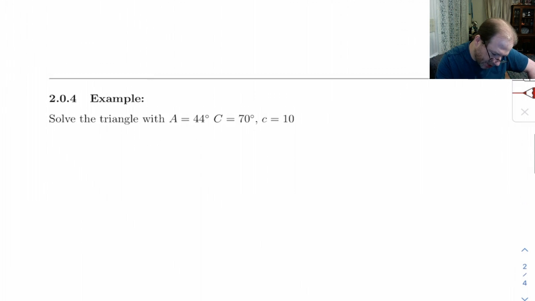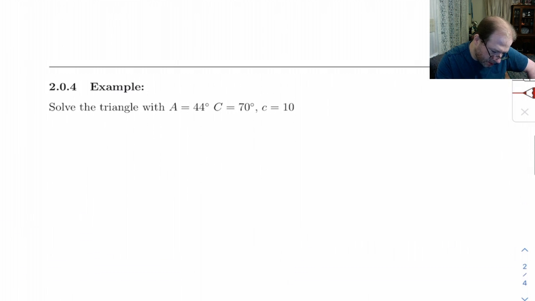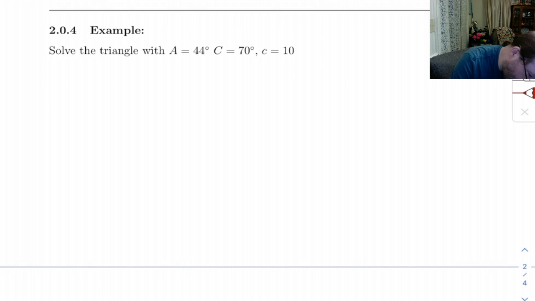There's one more example here. I'll go ahead and work it out. Maybe you want to do it on your own and then compare your answer, but I'm going to work it out anyway. We've got big A and big C. C is 70 degrees. It's going to look maybe about like that.